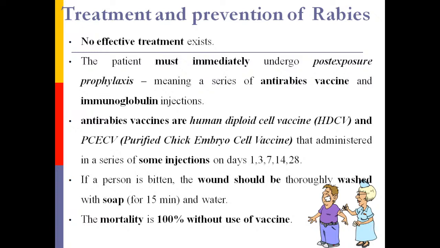If a person is bitten, the wound should be thoroughly washed with soap. The first medical care that you may give the patient in the absence of vaccine, the first thing you must do, is washing the wound with soap. It's known that soap inactivates virus during 15 minutes, so you should wash it with soap for 15 minutes.